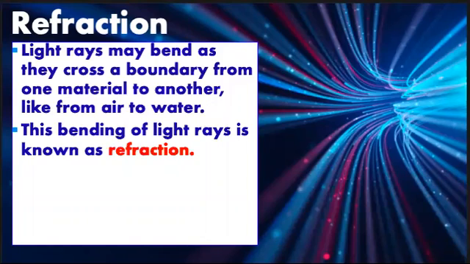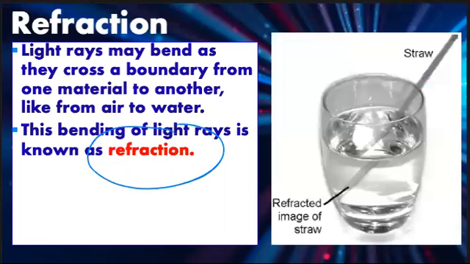This bending of light rays is known as refraction, which means, class, that this is what we're going to look into. It explains why a lens is connected to refraction.